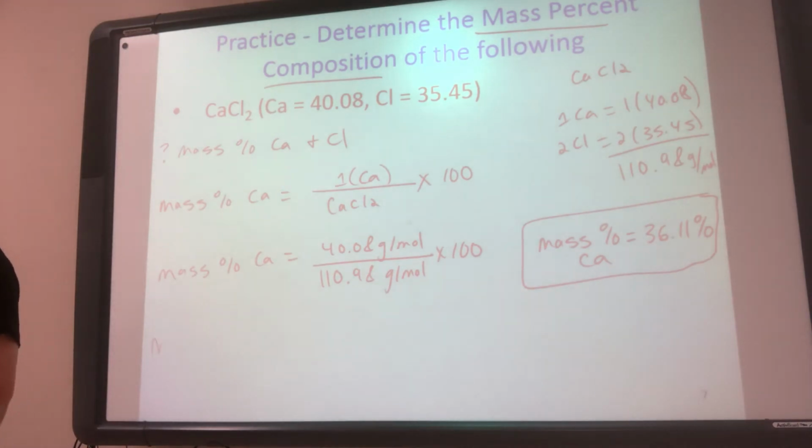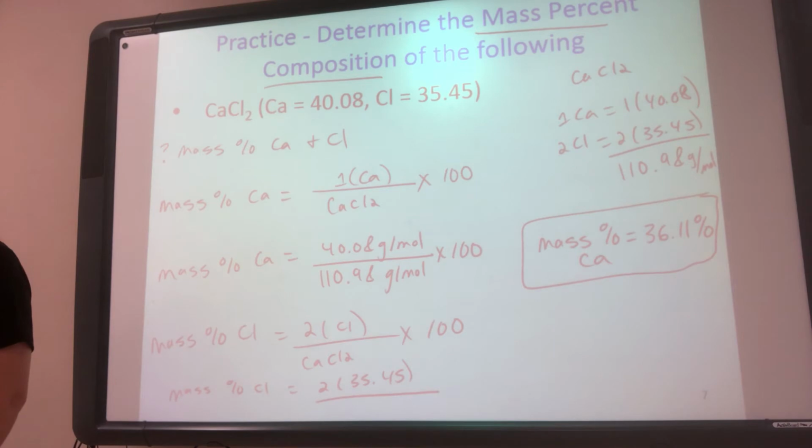So now let's do the mass percent for Cl. So that's 2 times the Cl divided by the whole thing, CaCl2, times 100. So Cl is 35.45. And we already did the whole thing because it's the same compound, so it's still that 110.